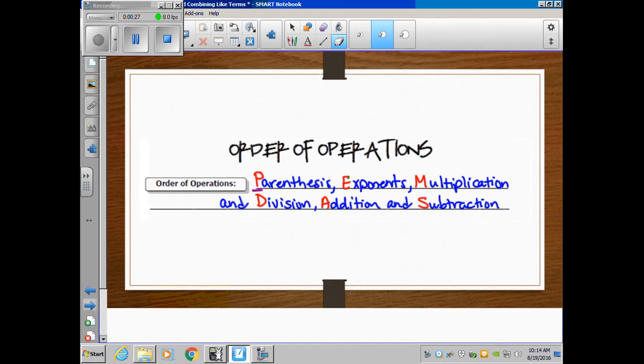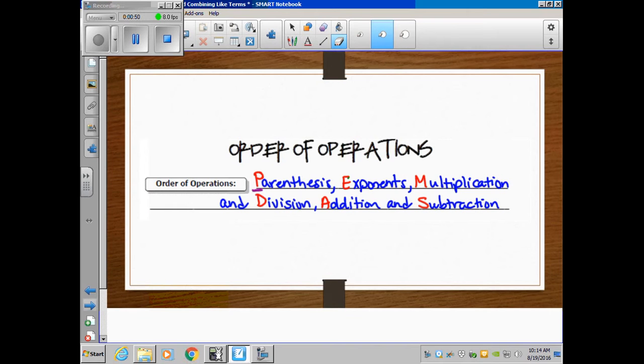Order of operations is simplifying an expression using a specific order. So specific order is very important. Whenever you see an expression with a bunch of numbers and operations like addition, subtraction, multiplication, division, exponents, and all of those things, what do you do first? What you want to look for first is parentheses.